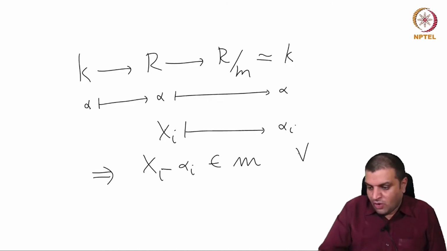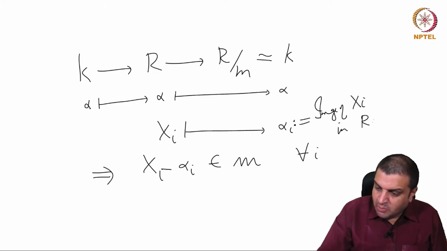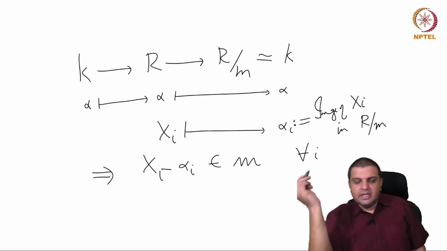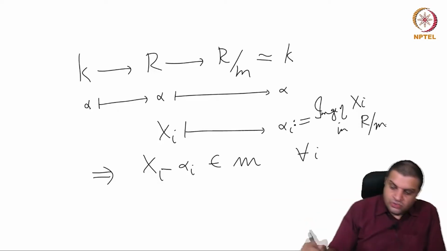This is true for all i. This is the definition of the image of xi in R mod m, which gives some element, call it alpha i.